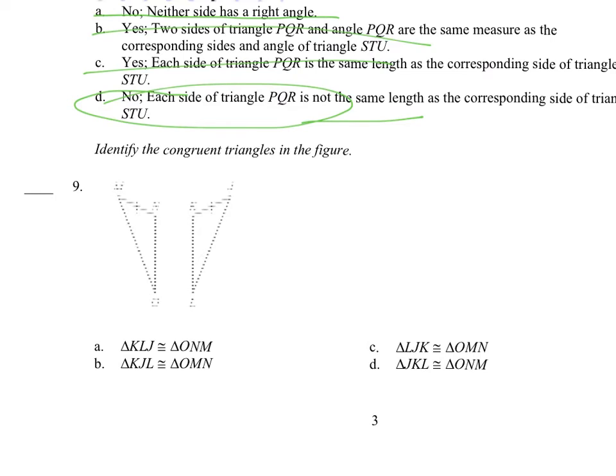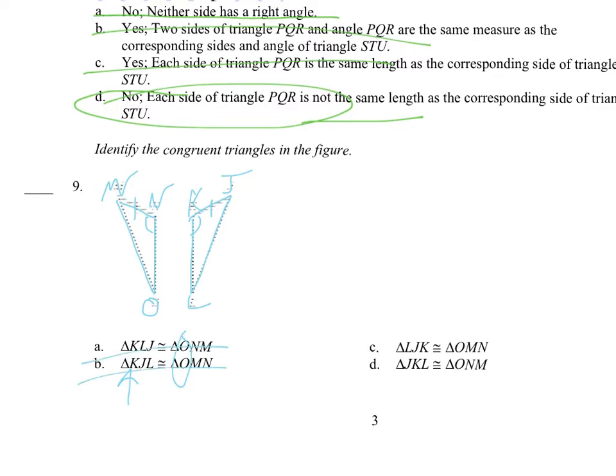Number 9. We've got to name these triangles so they have corresponding angles. So we have M, N, O, and L, K, J. For instance, look at A and B. They start with K. Well, the angle corresponding to K would be N. And both of these start with O, so those are instantly knocked out.